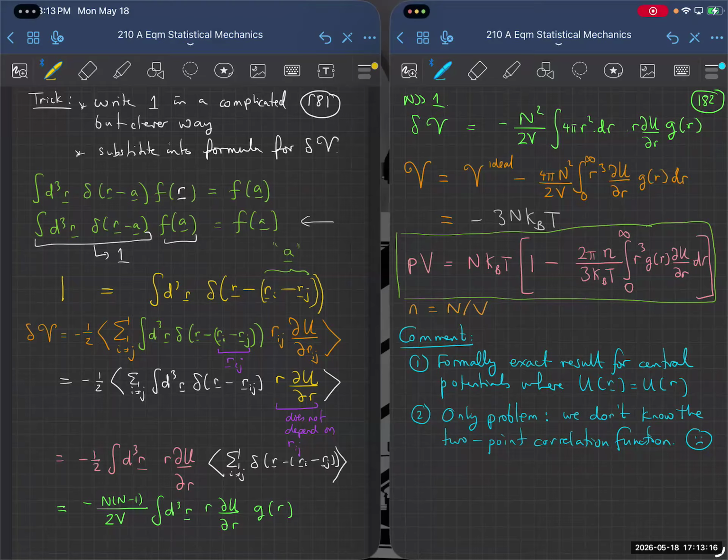The only thing is you can calculate it exactly in terms of the 3-particle correlation function, the probability that a particle here and here and here are certain distances apart. Then you have to calculate the 3-particle correlation function, and you can calculate that exactly too, but only in terms of the 4-particle correlation function, and so on. So in every field of physics, the whole reason the problem is hard is this problem of closure.